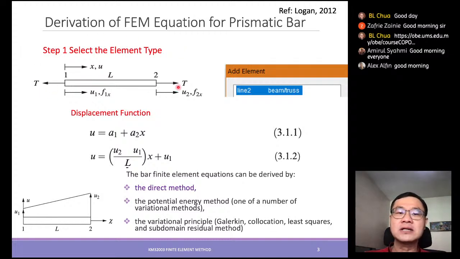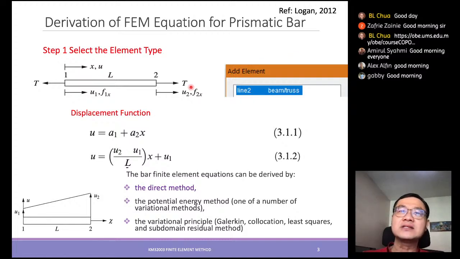So along the sections of the prismatic bar itself, we define that the forces are acting along the directions of the axis. So we have the tensions acting along the axial directions of the bar.